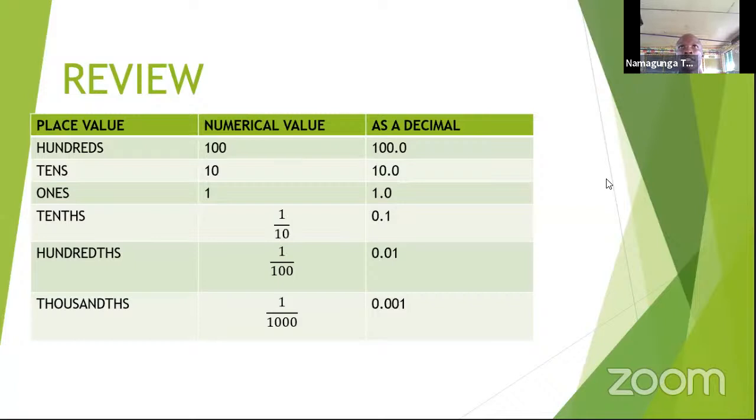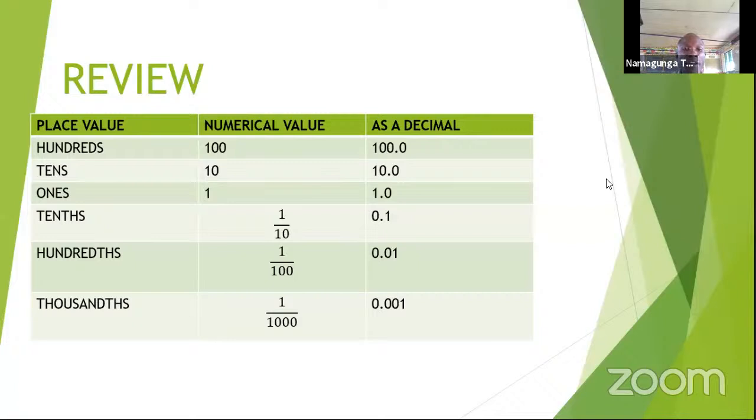I hope everybody is able to follow what we are saying, looking at the table on your screen. The next place value, the place value of the third digit on the right of the decimal point, is thousandths, which is 1 out of 1,000, and as a decimal is written as 0.001.